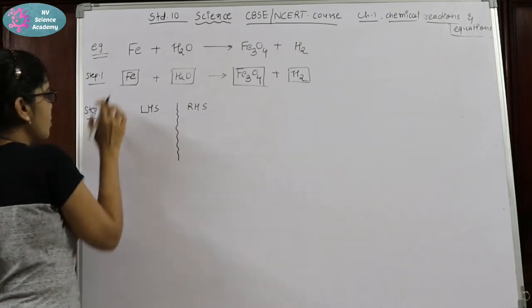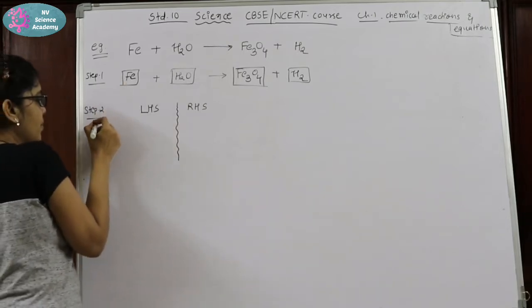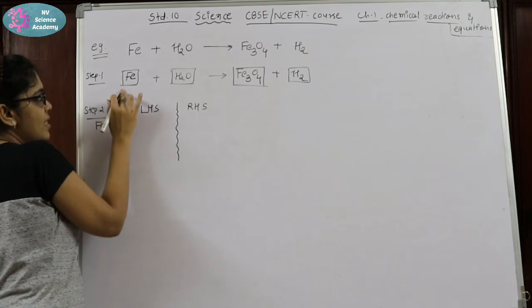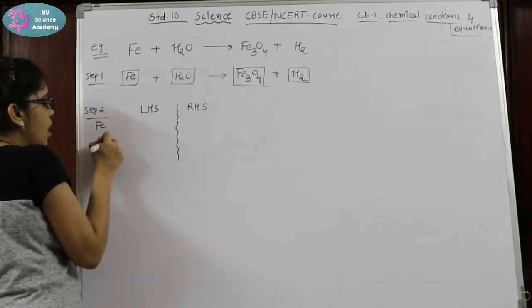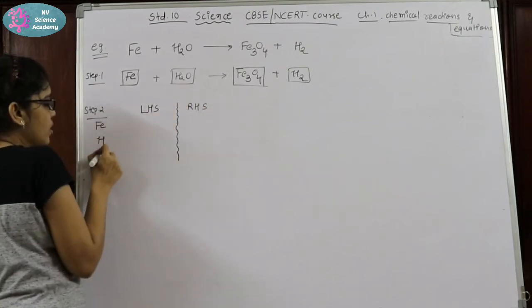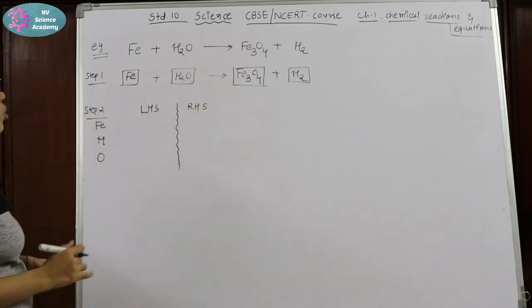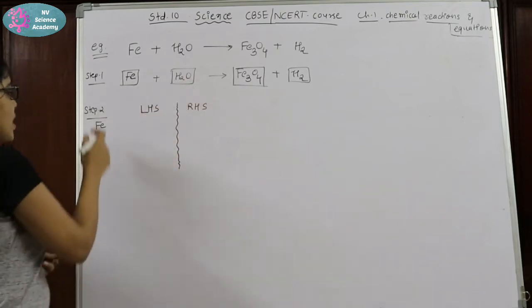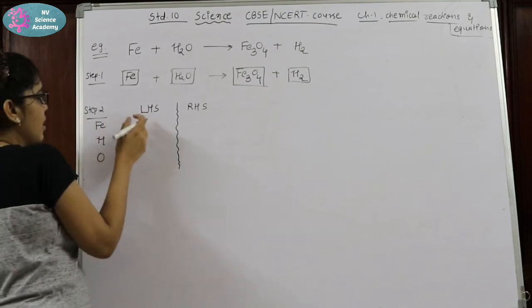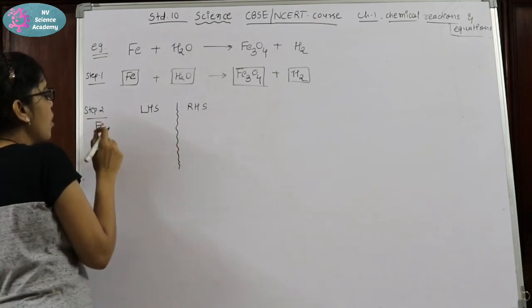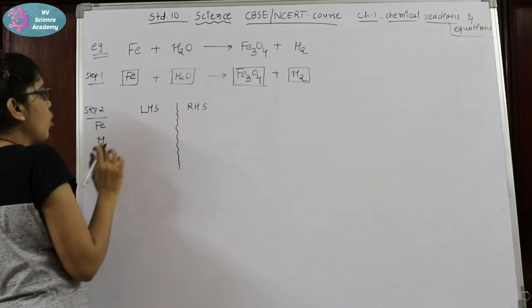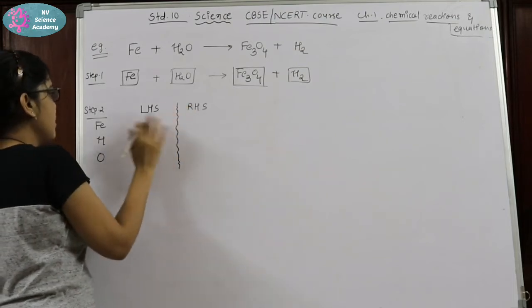We will list the elements. So here is Fe, then hydrogen, then oxygen. 3 elements are used in this reaction. So we list it, and now we will count the number of Fe, hydrogen, and oxygen on both sides.